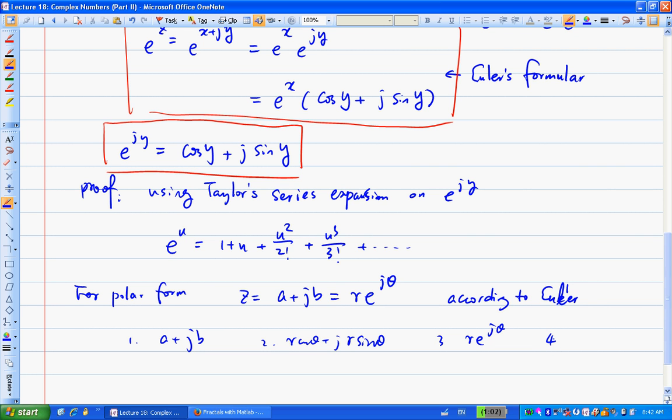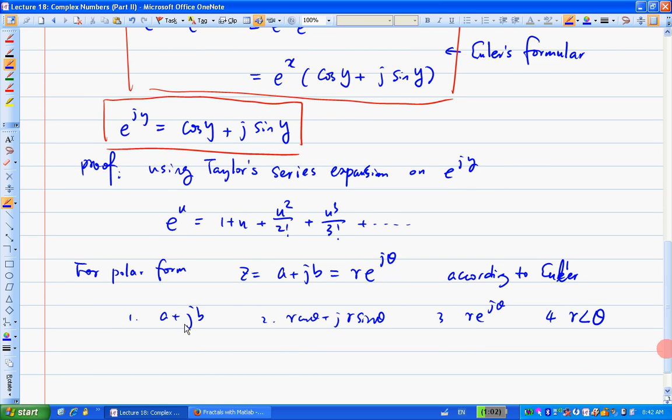As a matter of fact, there's a fourth format, and we're going to introduce it, this r angle theta. In AC circuit analysis, when you use so-called phasor analysis, which I'll talk about shortly, this theta here is called a phase, and this is called a phasor. So all of these, 1, 2, 3, 4, actually represent the same complex number right here.